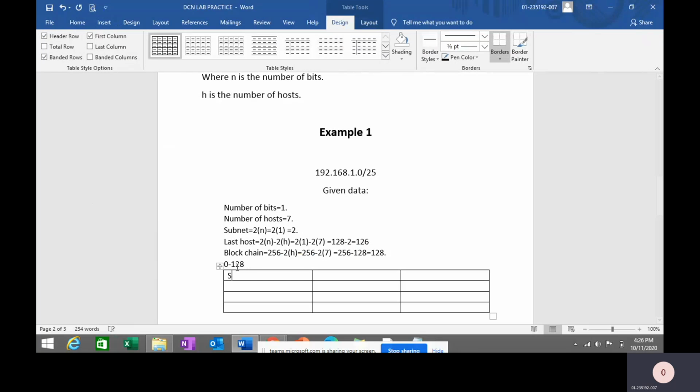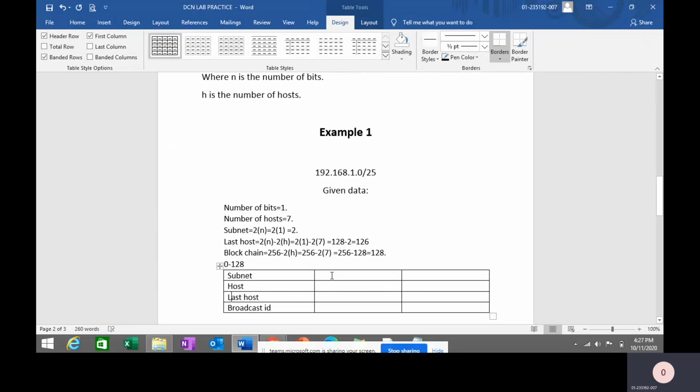This table will give me the subnet, host, last host, and broadcast ID. We are not going to deal with the broadcast ID. The only thing we need to know: if we have the knowledge of the subnet as well as the last host, then we will easily fill these two spaces.